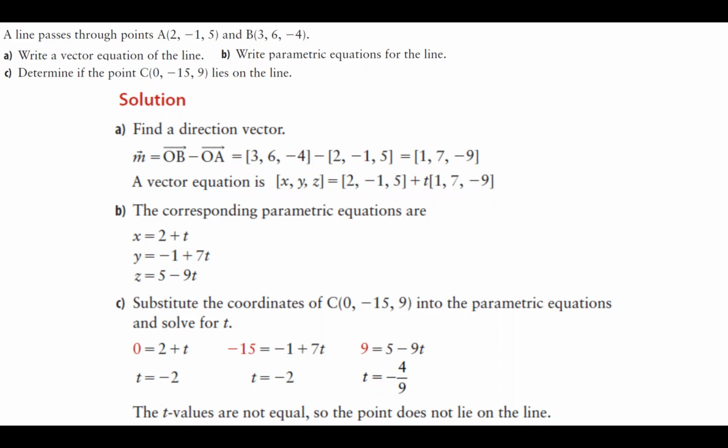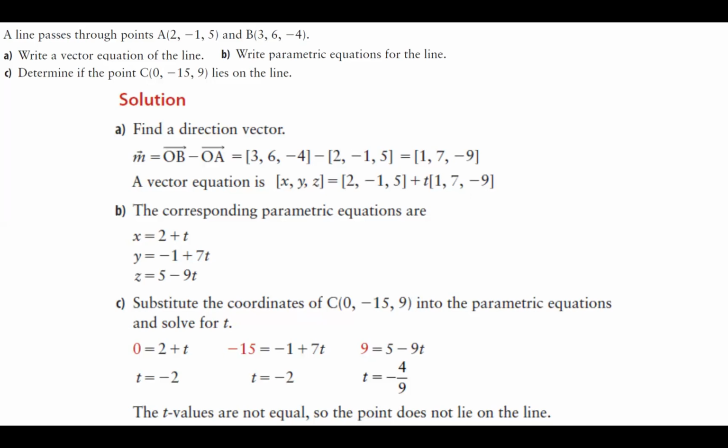Okay, next, to check if a point is on that line or not, we can substitute the coordinates of C, which are (0, -15, 9), into the parametric equations and solve for t. If you can find a solution for t that satisfies x, y, and z, then that point must lie on that line, right? Otherwise, that point is not on that line.